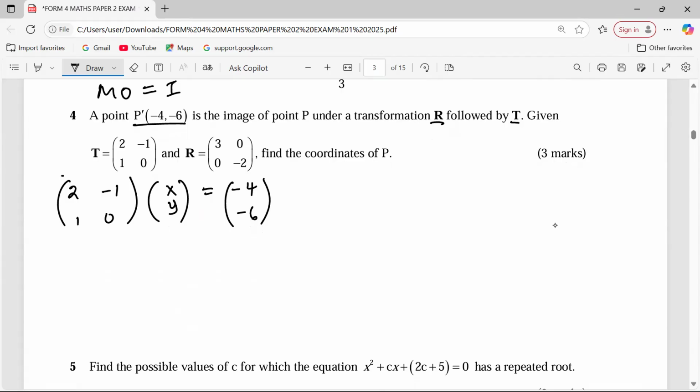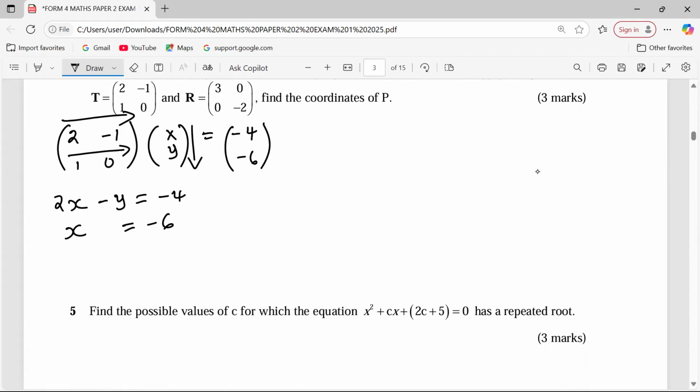So when we multiply the rows and the column here, that is 2 by x and -1 by y, we get -4. And when we multiply the second row and the same image, that is x by 1 and 0 by y, should give us -6. So we are already having x as -6.